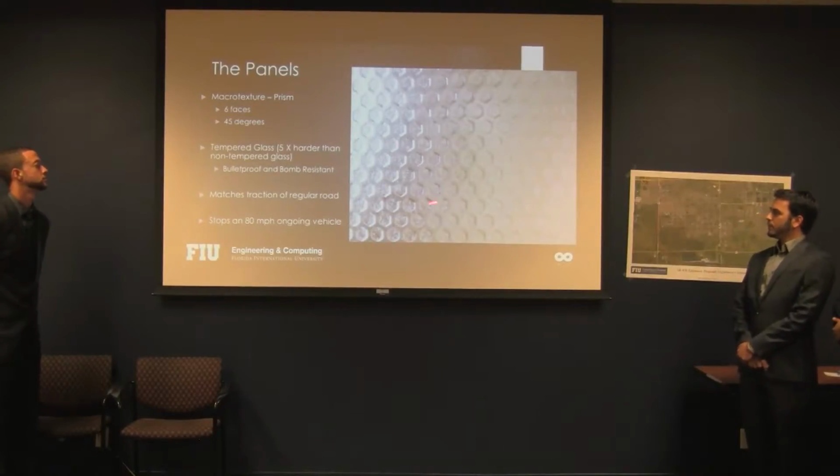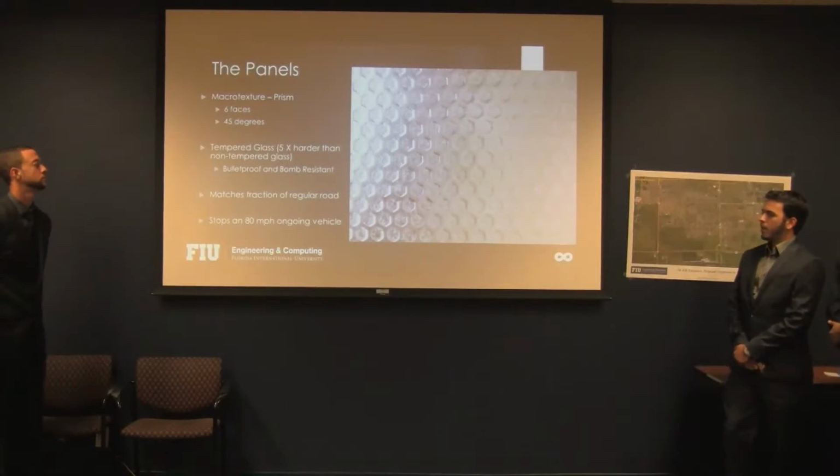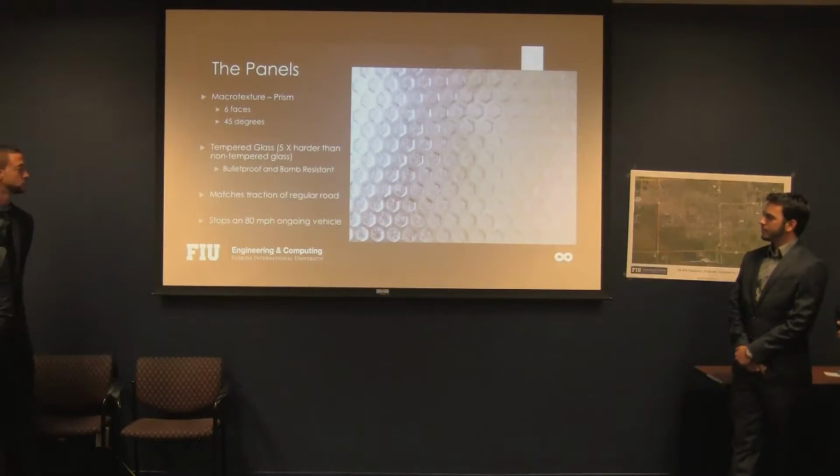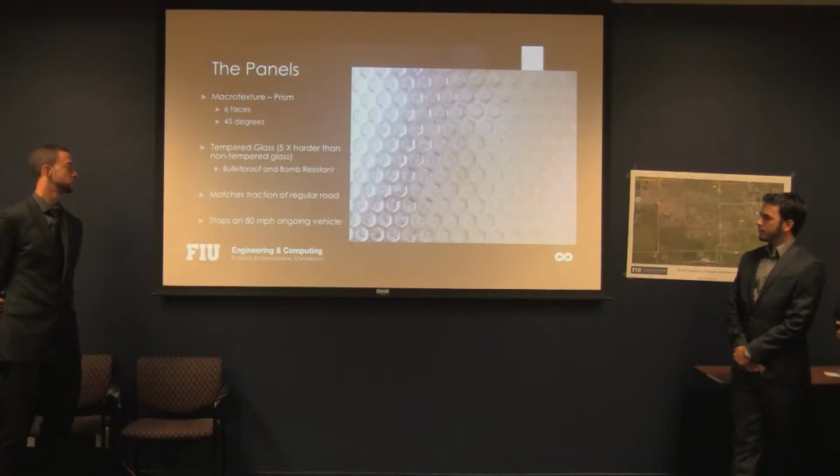Now, the glass that we're using is not just regular glass. The glass that we're using is 5 times stronger than regular glass. It's called tempered glass. And actually, bulletproof and bomb-resistant glass is tempered glass. So our roads would be able to handle pretty much anything. As I was saying, it also matches the traction of a regular road, whether it might be asphalt or concrete.